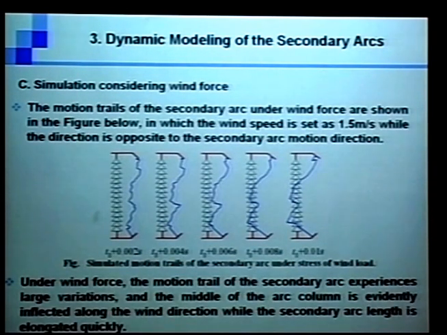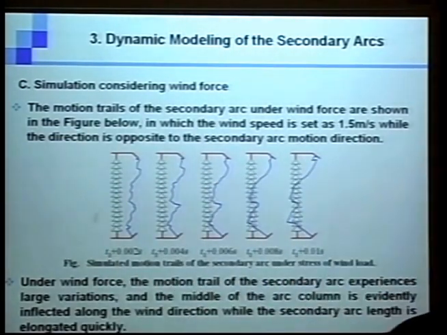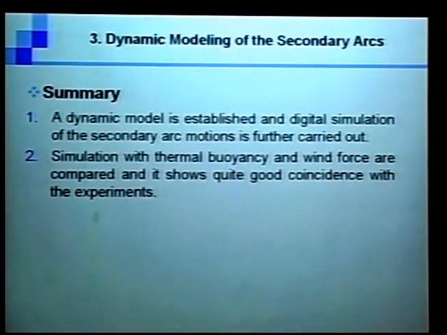But with this simulation tool, we can predict some physical behaviors of the secondary arcs, to help us explain or elucidate the details of the secondary arcs. That's the purpose.